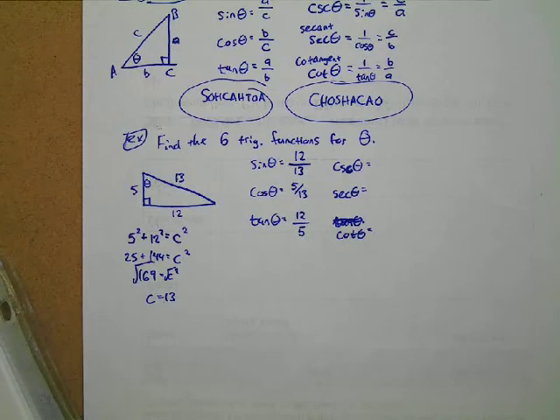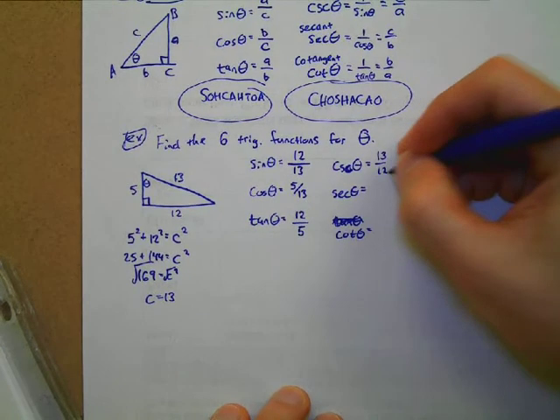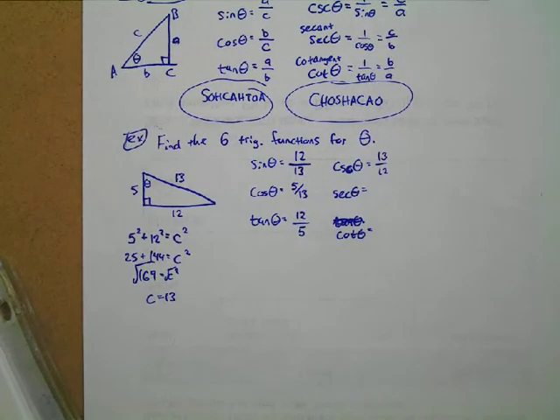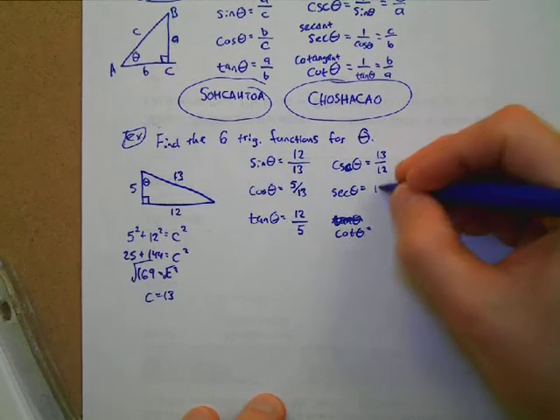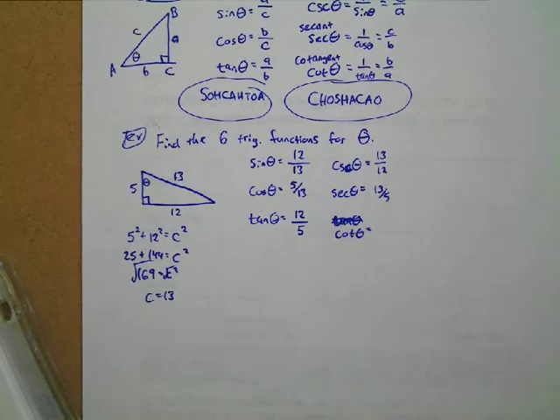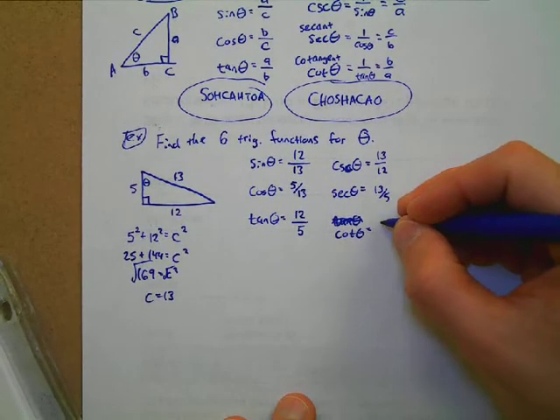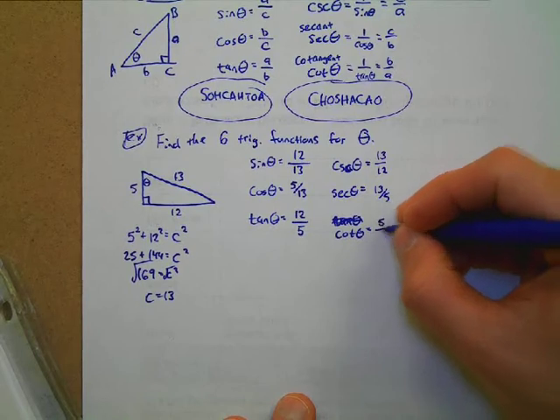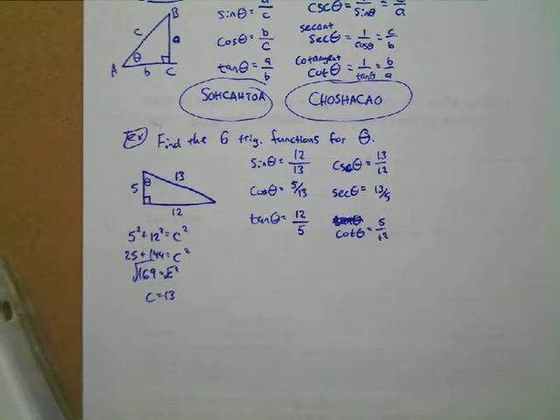What would that be? If sine's 12 over 13, cosecant will be 13 over 12. Just reciprocate it. If cosine's 5 over 13, secant will be 13 over 5. And then cotangent will be 5 over 12. Exactly right. Easy peasy.